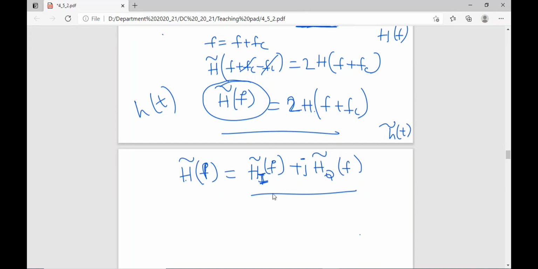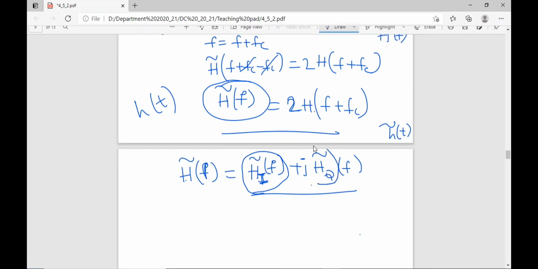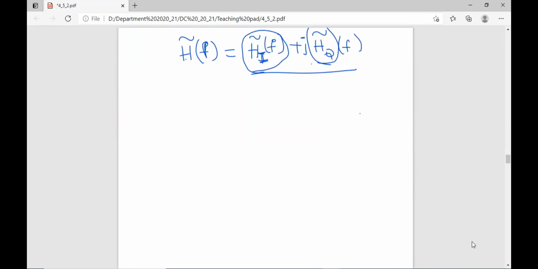So here our aim is to find H I tilde of f and H Q tilde of f. These two we need to find now. In order to find this, I will directly write the equations first, in terms of H of f. Then after that I will analyze it.